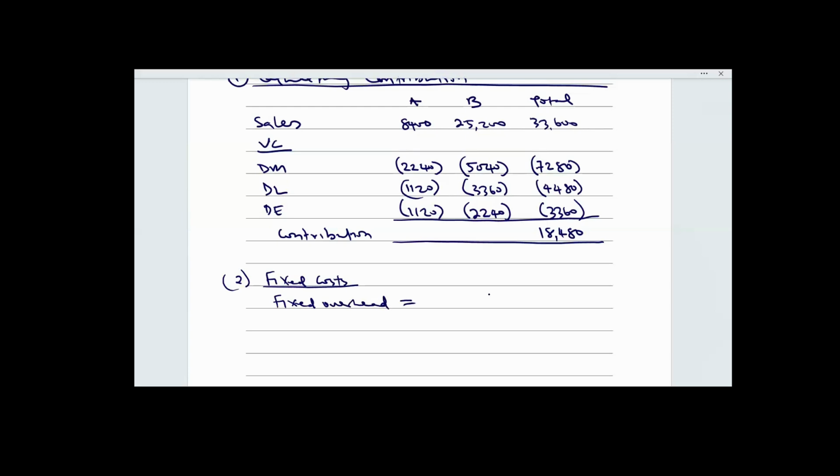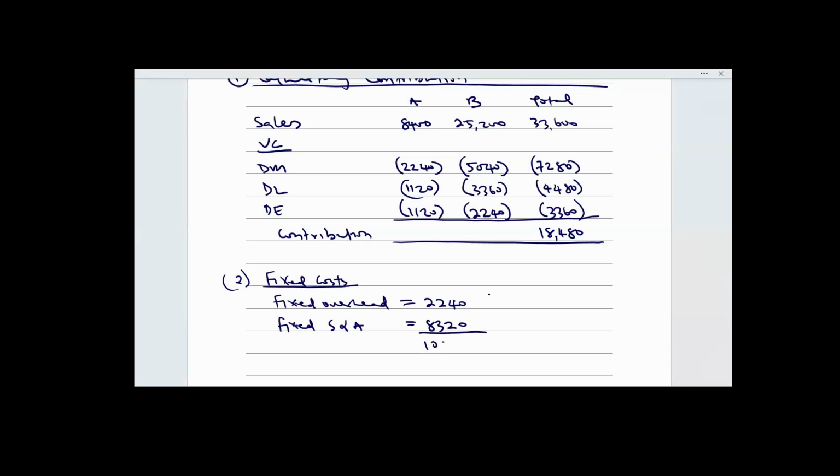According to the question, total fixed overhead is 2,240. We also have fixed selling and admin expenses, which is 8,320.